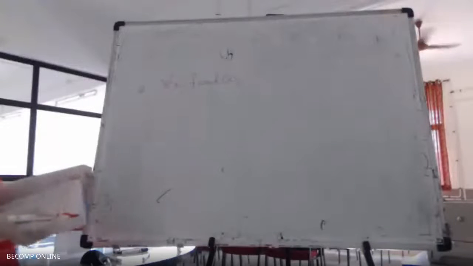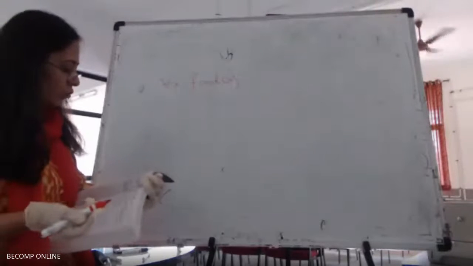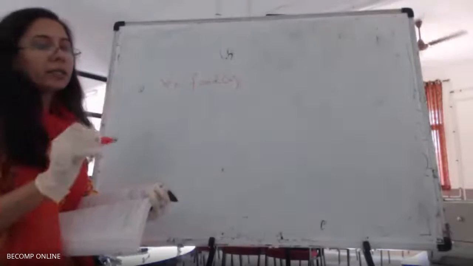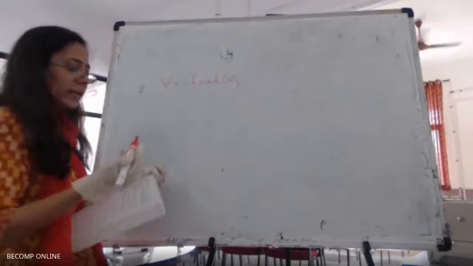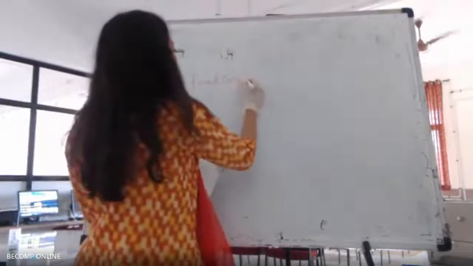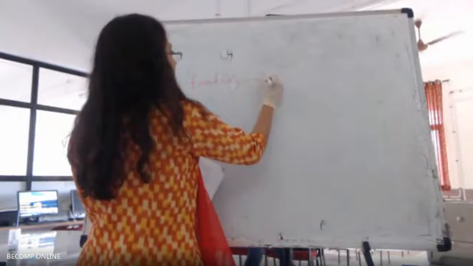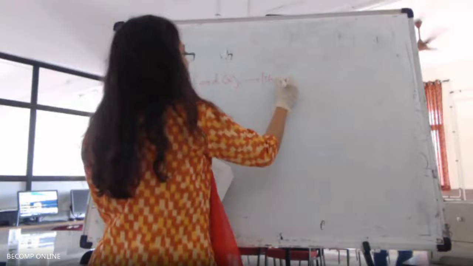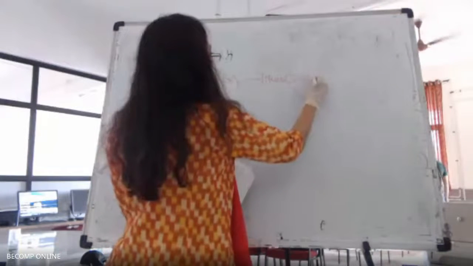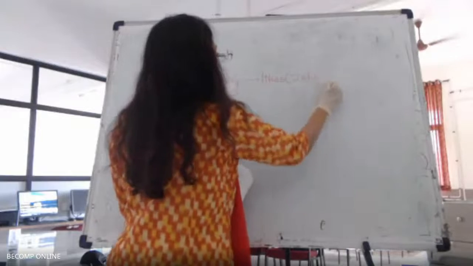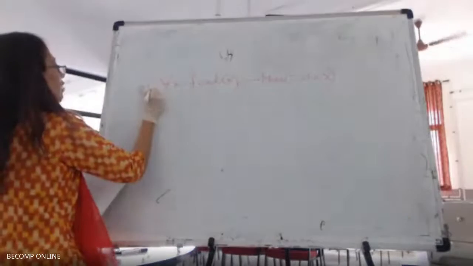So first sentence is John likes all kinds of food. I am not writing the English sentence, I am directly writing the predicate form.